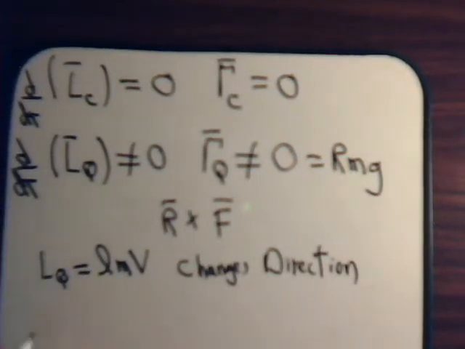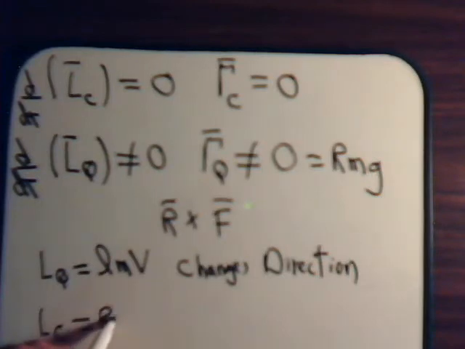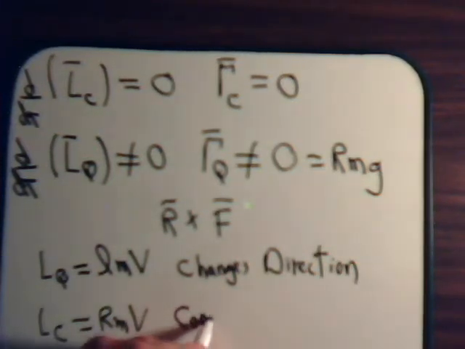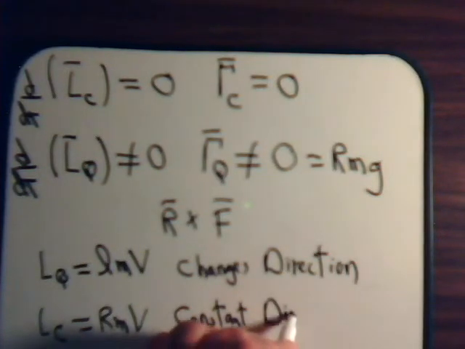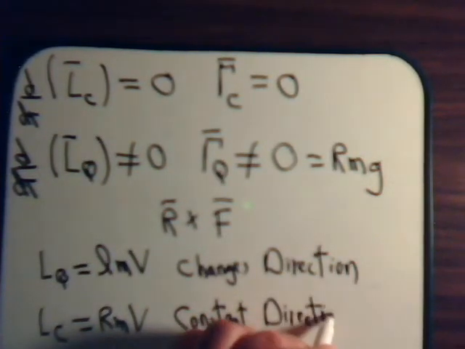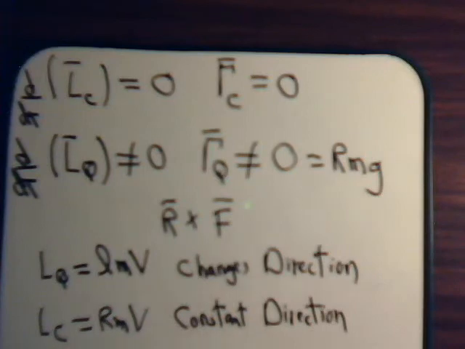In the last video, when we considered LC, that was Rmv. R is L times the sine of theta, so this is less than this, and this had constant direction. It never changed. It was always pointing straight up along the positive z-axis.